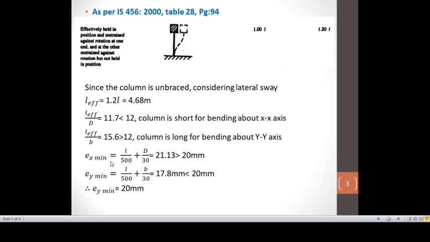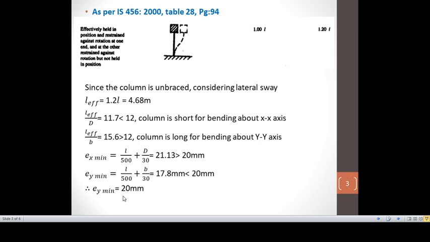Using these, Ex minimum is obtained as 21.13 mm and Ey minimum as 17.8 mm. Ex minimum is greater than 20 mm, and Ey minimum is less than 20 mm. If it is less than 20 mm, we consider a minimum eccentricity of 20 mm. So finally, Ex minimum is 21.13 and Ey minimum is taken as 20 mm.